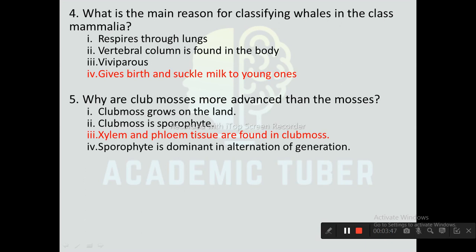And the correct option is option third, that is xylem and phloem tissue are found in club moss. Xylem and phloem are vascular tissues that play a crucial role in the transport of water, minerals and nutrients within the plants. The presence of vascular tissue allows for more efficient and specialized transport of nutrients and water. That is the reason club mosses are more advanced than mosses.